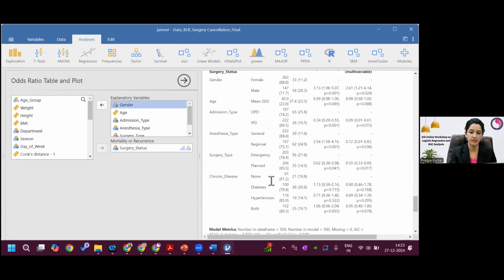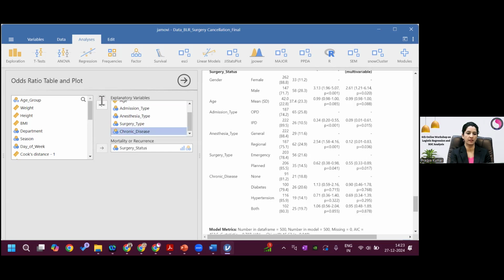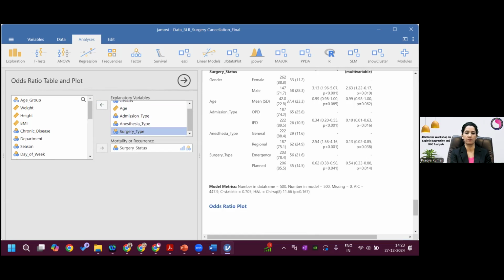So now you can show that chronic disease is not significant. In unadjusted, you can show this, but for adjusted, you will not take this in the adjusted model. So you will copy paste this table at one place, then again remove chronic disease, and then you perform it.